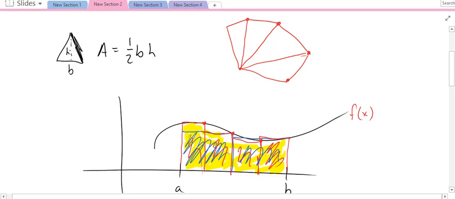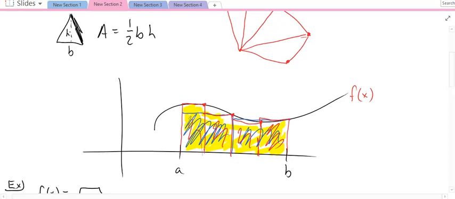So the idea is that we're going to take our function and approximate using rectangles with heights given by the function itself. So let's see what I mean by that.